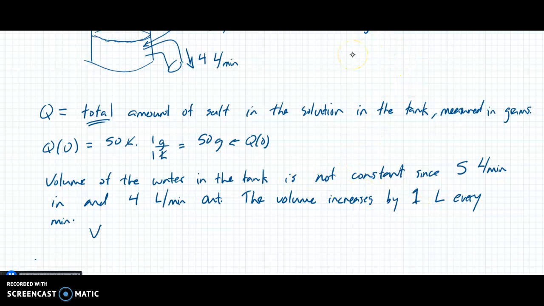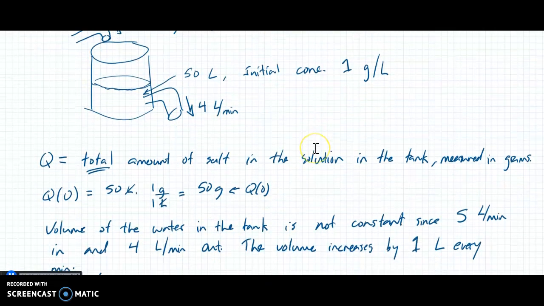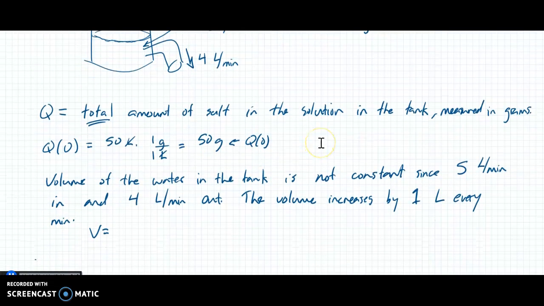So generally what you want to do when you recognize that the in and the out rate aren't the same is figure out an equation for that volume. In this case, it starts at 50, and then I add just plus t, because t measures the minutes, and for every minute that passes, I get 1 more liter.